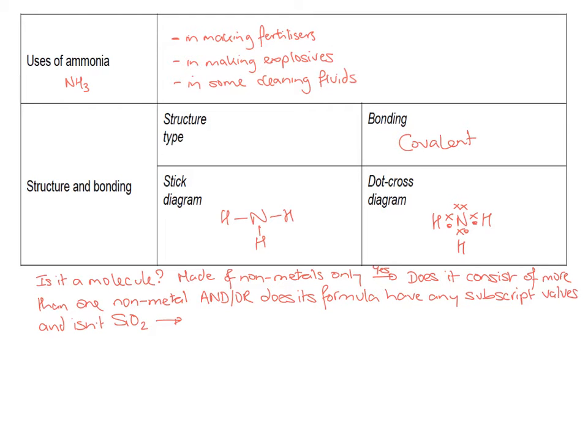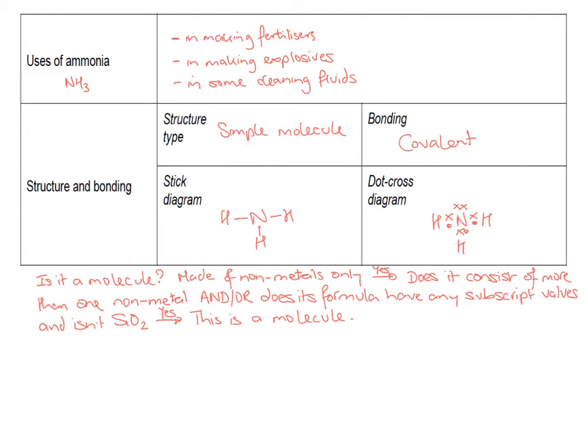So actually it consists of both more than one non-metal and it has subscript values in its formula. The one caveat to all of this is we just have to recognise that SiO2 is an exception to this. But yes, it's more than one non-metal. It does have subscript values in its formula, so that tells us yes, it is a molecule. So now we've established it's a molecule, we can decide that the structure type is molecular.